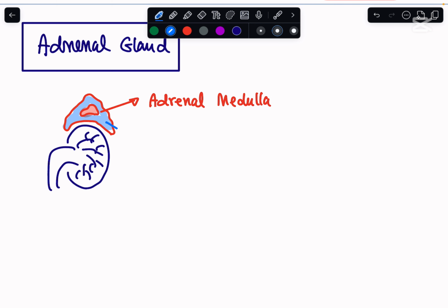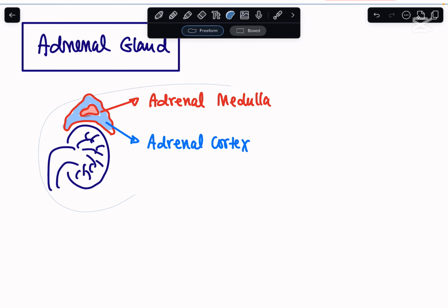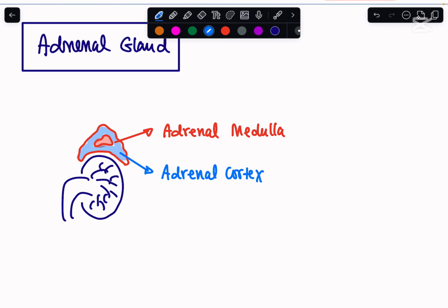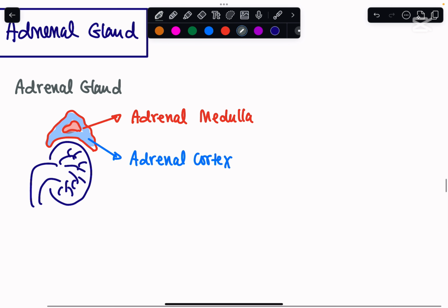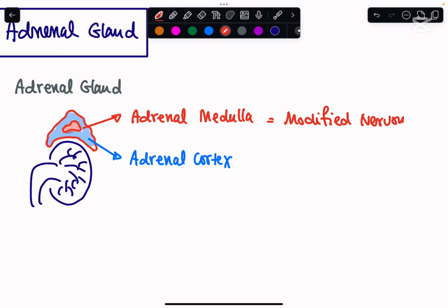And then this part, which we call the cortex. Okay, so that's our adrenal gland right here. The adrenal medulla is basically modified nervous tissue.